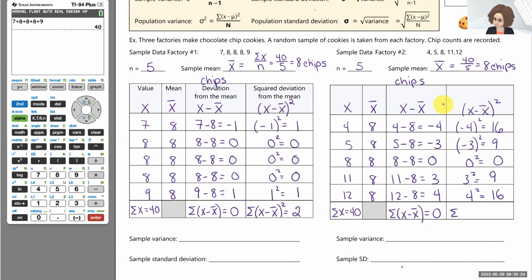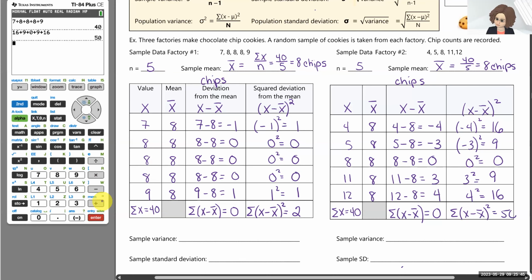So if I add the squared deviations for each cookie, I'll come over to my calculator here, make sure we don't mess up. 16 plus 9 plus 0 plus 9 plus 16. So now that total is 50.